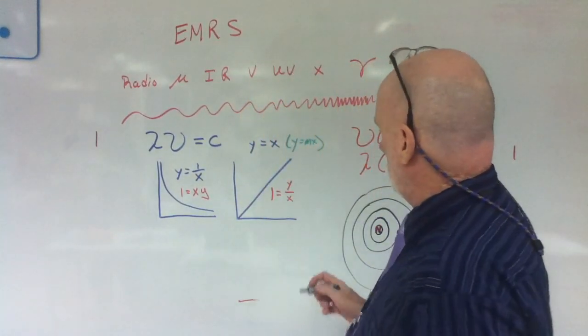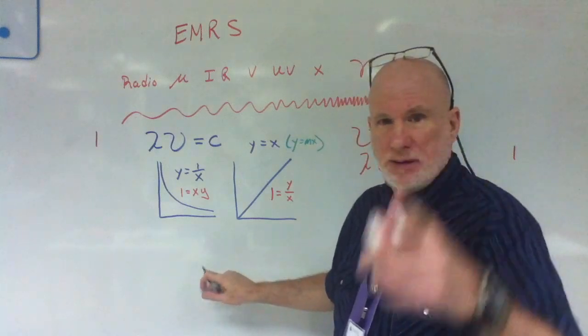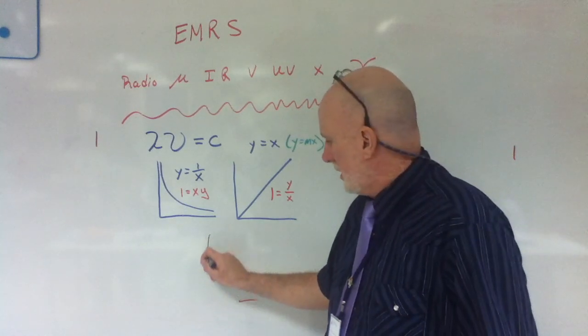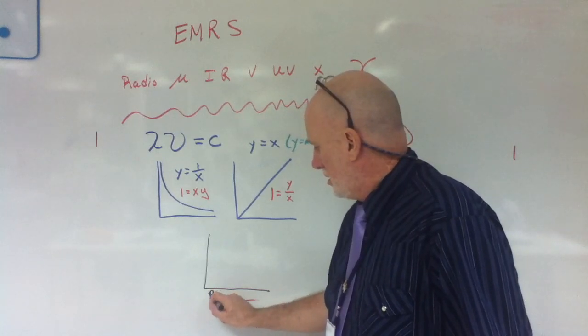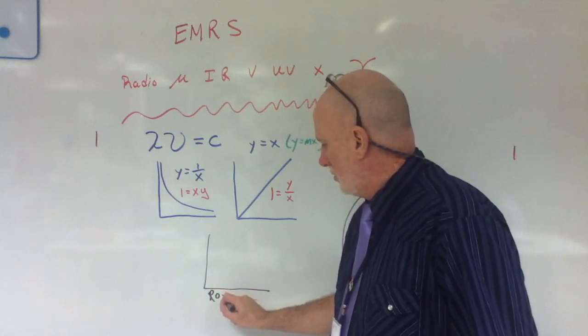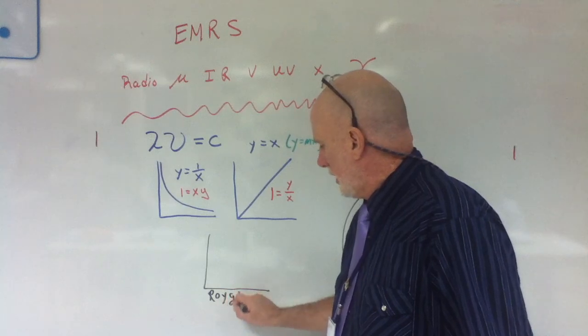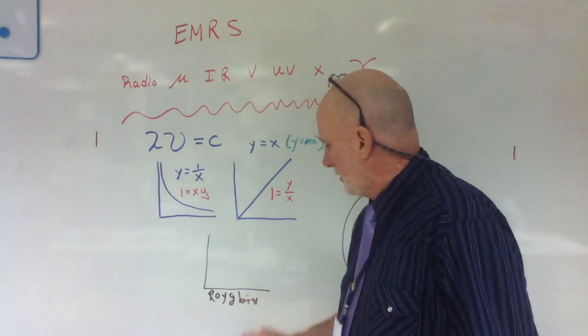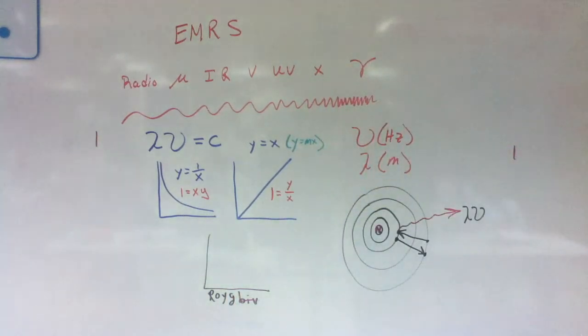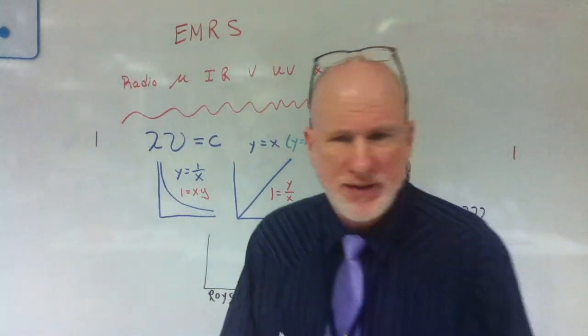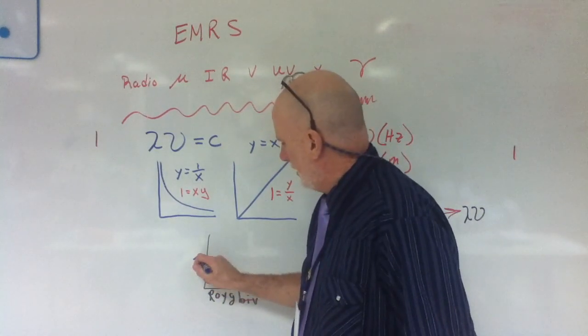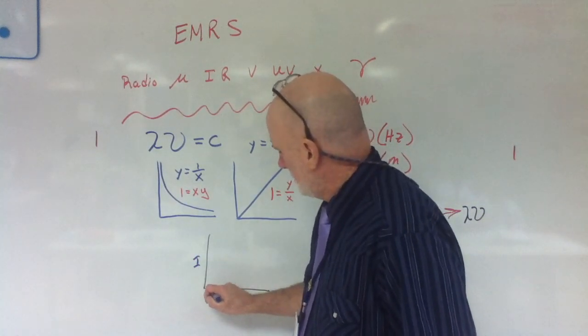Can I draw a graph right here? Can you see this? Red, orange, yellow, green, blue, indigo, violet. Okay. So if that's the spectrum, and this is intensity, it goes like this.